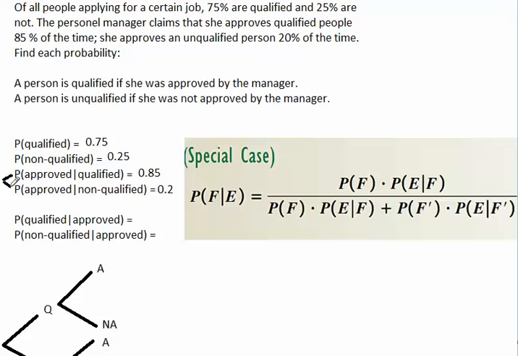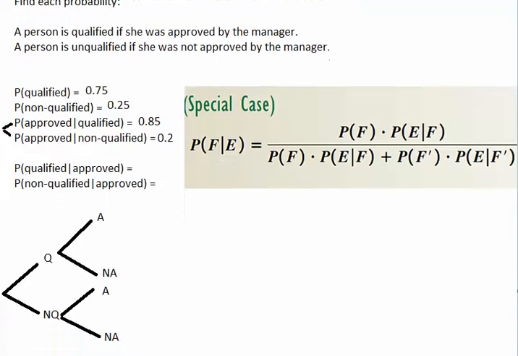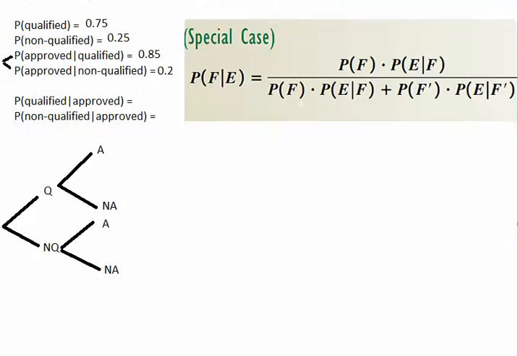Okay, how do we do that? The first thing that we need to do is to set up a binary tree. Always on the first level of the binary tree, we are putting the probabilities for the event that we are looking for. Not the given event, but the event that comes first on the conditional probability.